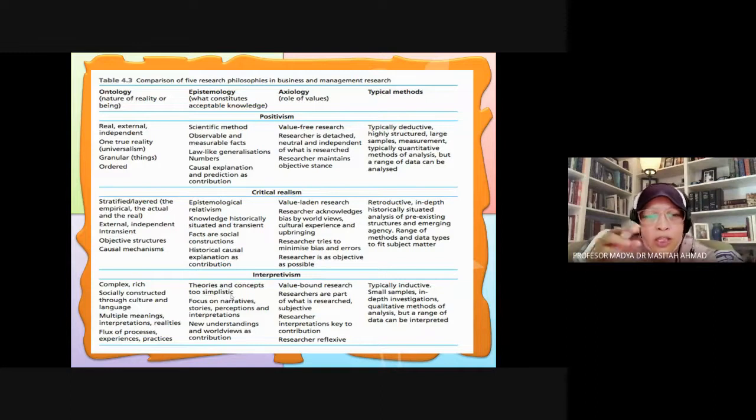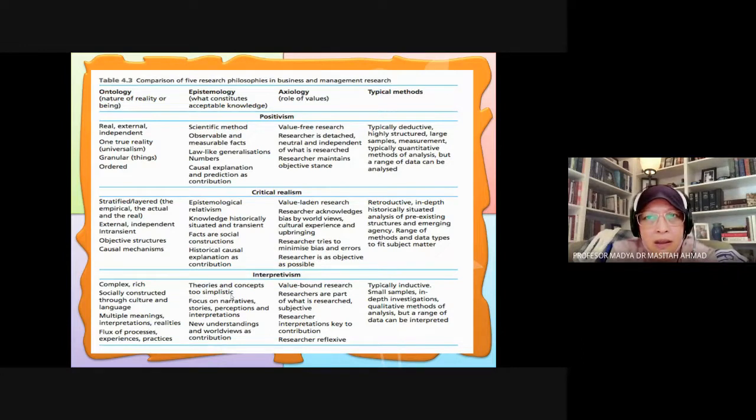So we can choose any theories and concepts to simplify our research. And then we might also focus on narrative, like stories, perceptions, and interpretations. And lastly, we might use new understandings and worldviews as contribution.